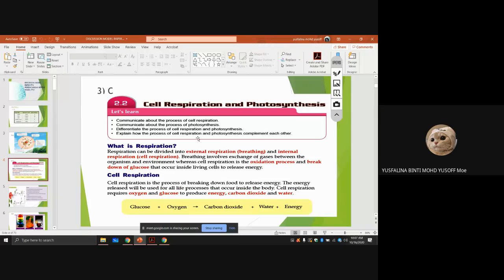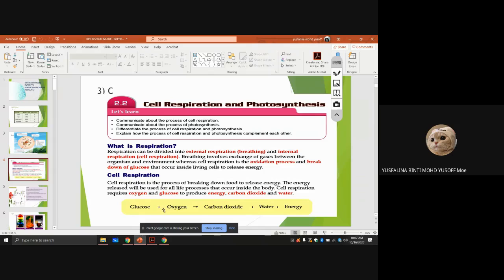Respiration you can divide into 2. The first one is external respiration, the breathing, and the second one is internal respiration, the cell respiration. Cell respiration is the one that produces the energy. Breathing involves exchange of gases between the organism and the environment, whereas cell respiration is the oxidation process.